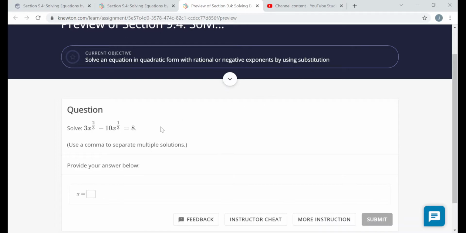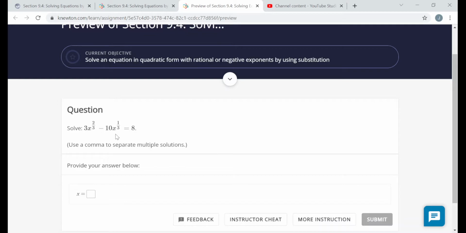Alright, so what we're going to see here in this objective and in the other objective as well, we're going to be looking at equations that don't look quadratic just yet, but we can make a simple substitution to change them into a quadratic equation. Then we solve that quadratic equation, substitute back, and then solve for the variable that we started with.